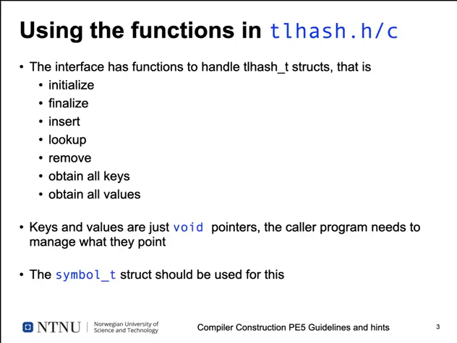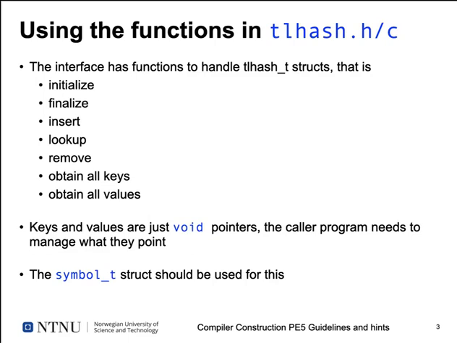The functions of our hash table implementation are declared in tlhash.h and implemented in tlhash.c. We have some interfaces to handle the tlhash_t. This underscore t always stands for type declaration, so it's the tlhash type struct. This interface includes functions to initialize and finalize hash table structures, to insert values, to look up values, to remove values, and also to obtain all the keys and all the values in our hash table.